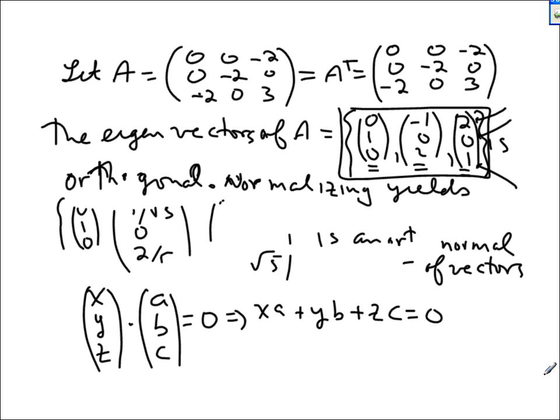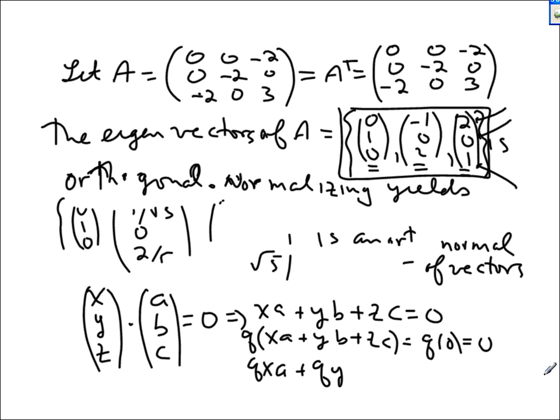Well, if I multiply by q times xa plus yb plus zc, I have to multiply the other side by q as well. The q times 0 is 0. But this is the same as qxa plus qyb plus qzc equals 0.